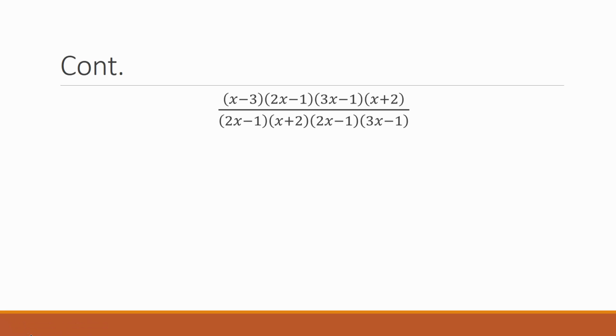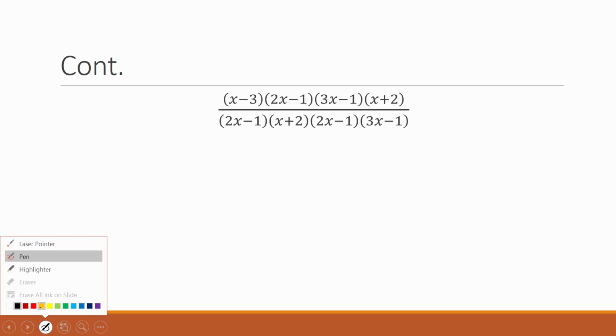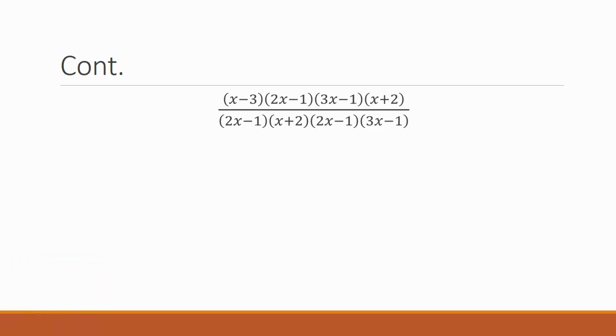All right, so now we have x minus 3 times 2x minus 1 times 3x minus 1 times x plus 2, all over 2x minus 1 times x plus 2 times 2x minus 1 times 3x minus 1. And guess what? We're going to do the same thing. We need to simplify by canceling the common factors between the numerator and the denominator.